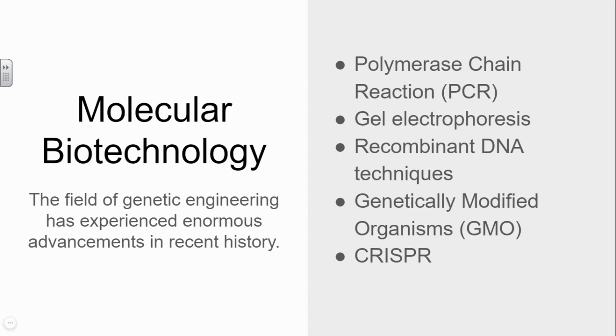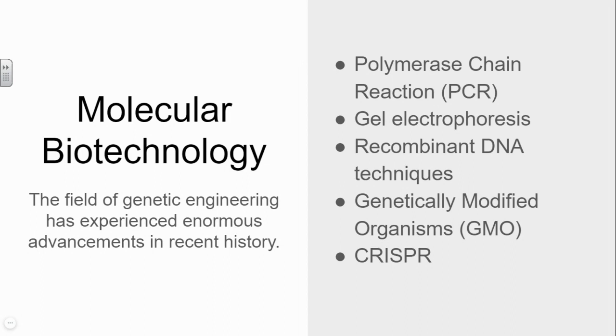An example of this is when humans took a portion of a gene and implanted it into a bacterial cell so that that bacterial cell could produce human insulin. Insulin is a hormone that is used in the human body and is also needed to treat people with diabetes.